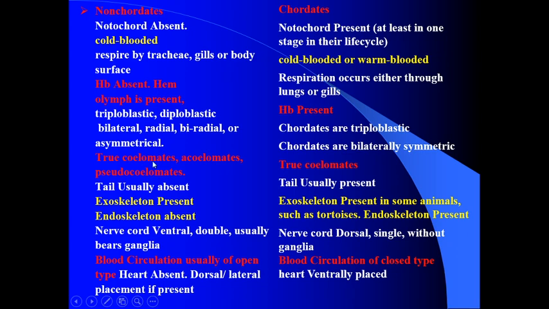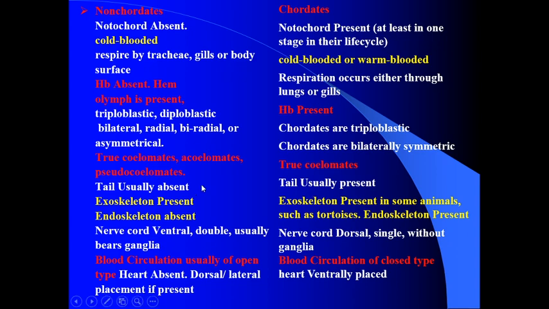It is called true coelomate. In some, the true body cavity or coelom is absent. A means absent. That means they are acoelomates. Whereas in some non-chordates, there is a false coelom. Pseudo means false. Therefore, they are called pseudocoelomate animals. Whereas in case of chordates, the true body cavity or coelom is present. That means they are true coelomate animals.